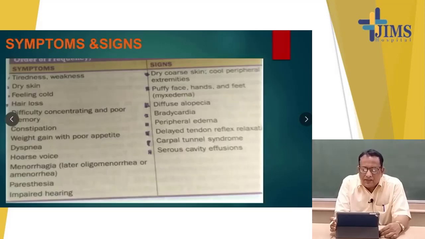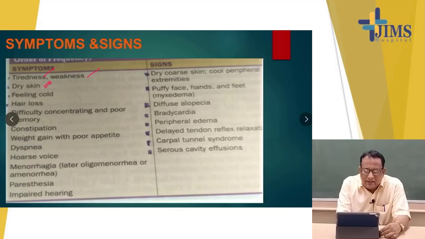Now comes the symptoms and signs. On the left hand side there are symptoms, on the right hand side there are signs. These are the most salient symptoms and signs to be remembered. The patient will complain of tiredness, weakness, easy fatigability.